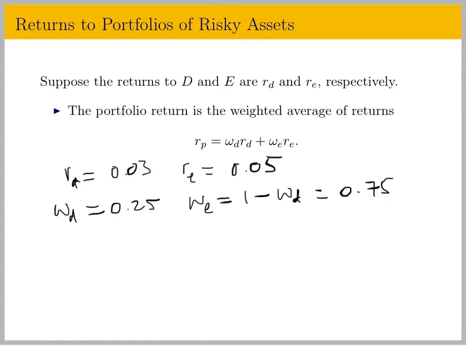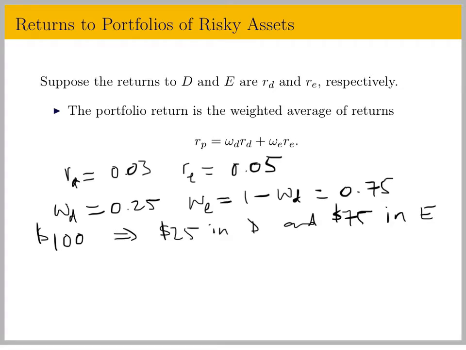Well, let's say that I've started with $100. If I have $100 that I want to invest, that means that I'm investing $25 in D and $75 in E, clearly. Now what does that mean?